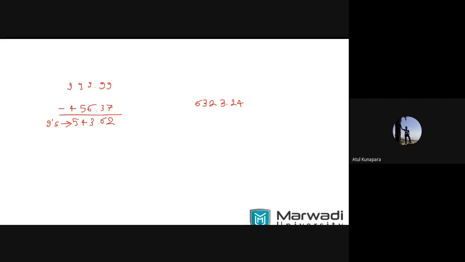So this is your nines complement form, right? Of which number? This number. So in nines complement form, it will be represented like this. Similarly, you can do for this one.